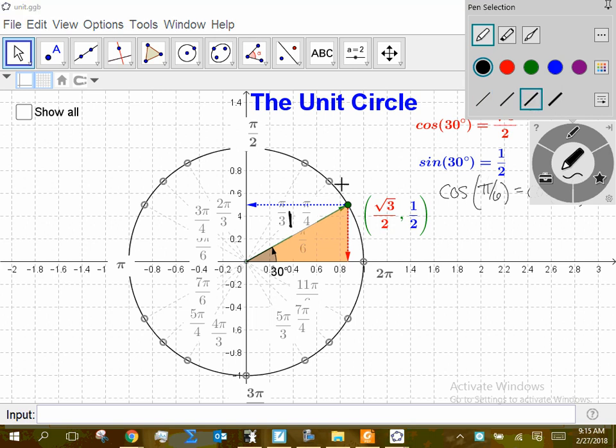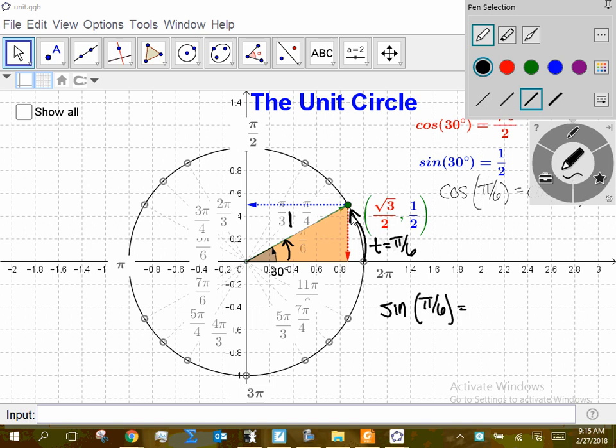Okay. Now, if this distance here is 1/2 and this distance here is √3/2, and my hypotenuse is 1, okay? And I asked you guys, what is maybe the sine of pi over 6? Which would be either that angle, or if we want to talk about that arc measurement, we've been calling that t, right? If I'm interested in evaluating the sine at that value, then all I have to do is realize that that is opposite over hypotenuse, right?